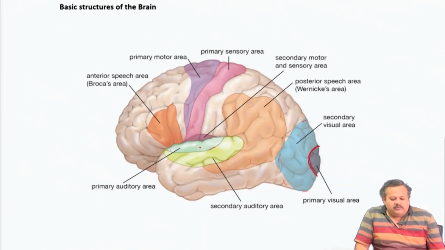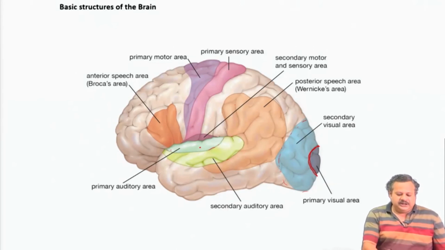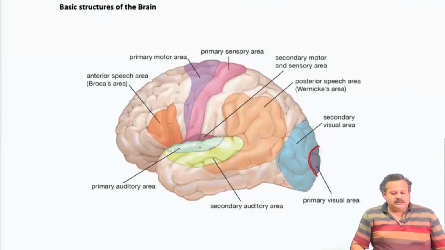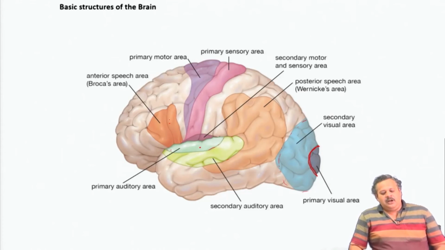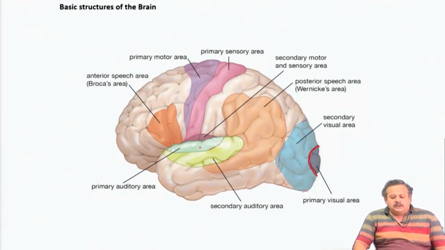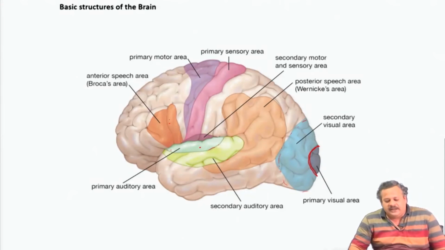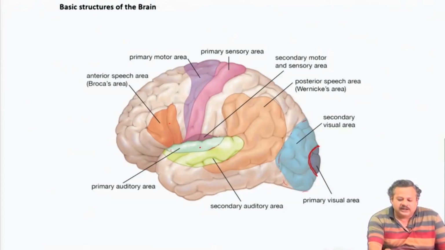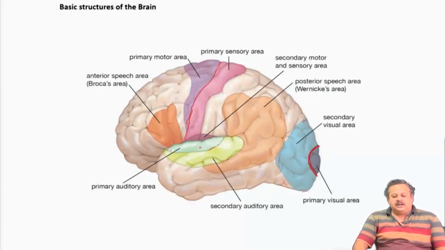And in the anterior region of the frontal lobe is Broca's area, for generation of speech.